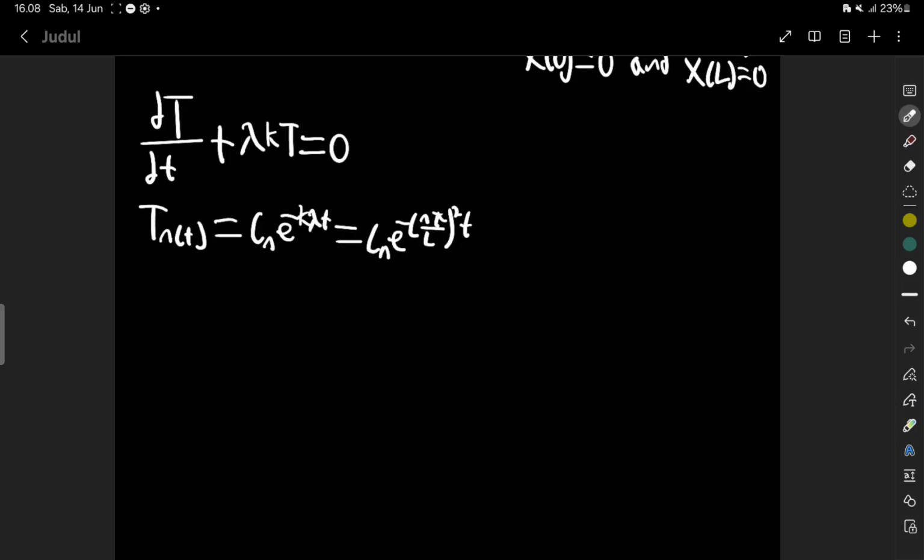This exponential decay reflects the heat dissipation: as time increases, the temperature diminishes.